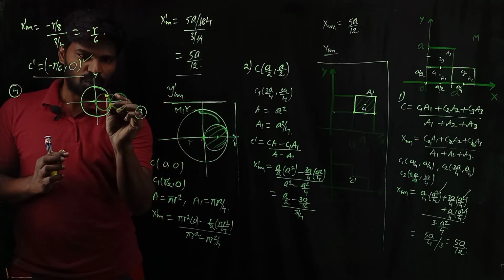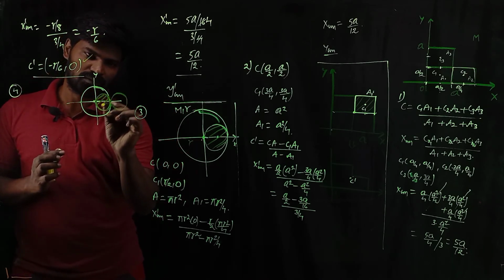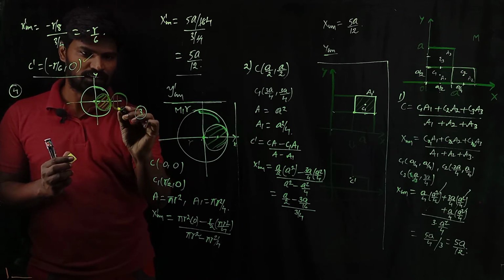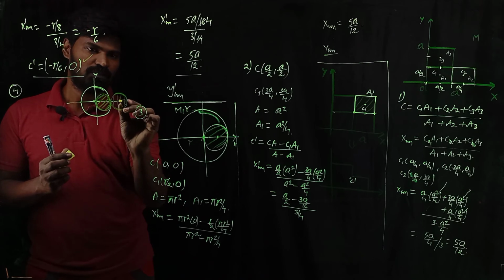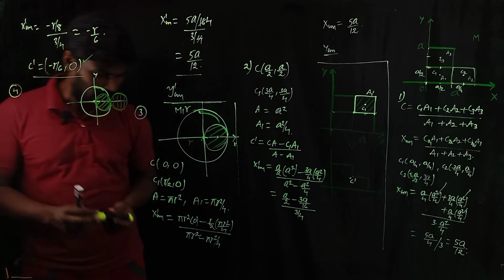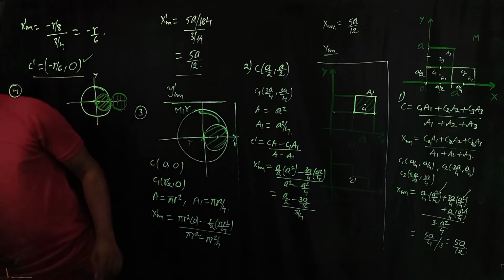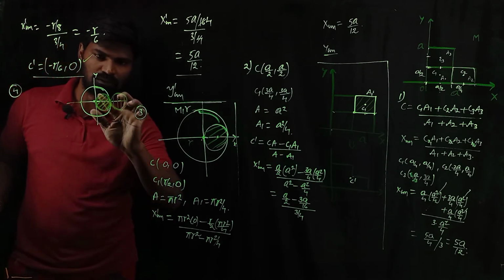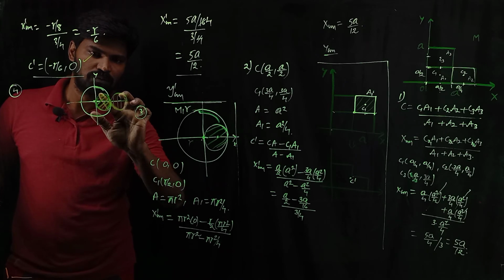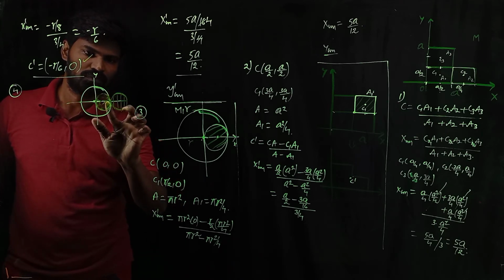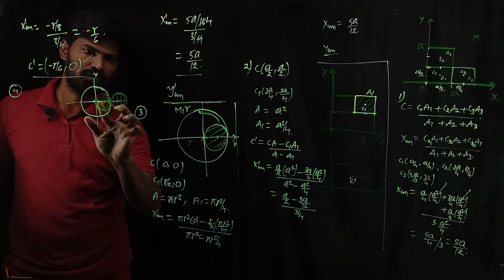Now whatever portion I removed from here, I kept it over here, touching the circle on the right side like this. Now I want to find the center of mass of this configuration in which this portion is removed. Let me assume that this portion is removed now. So let me strike it off. Okay, this portion is removed.